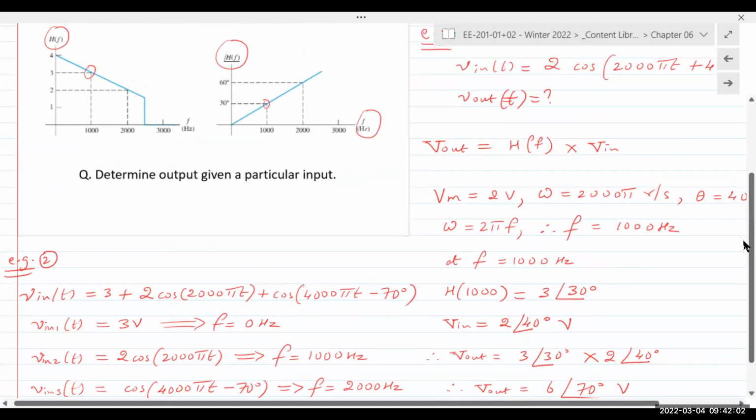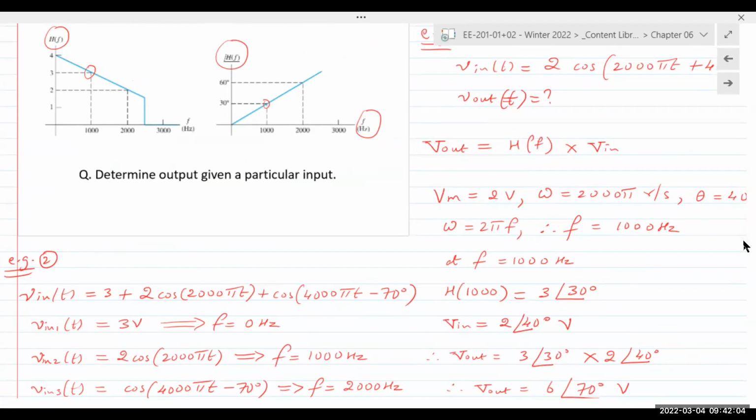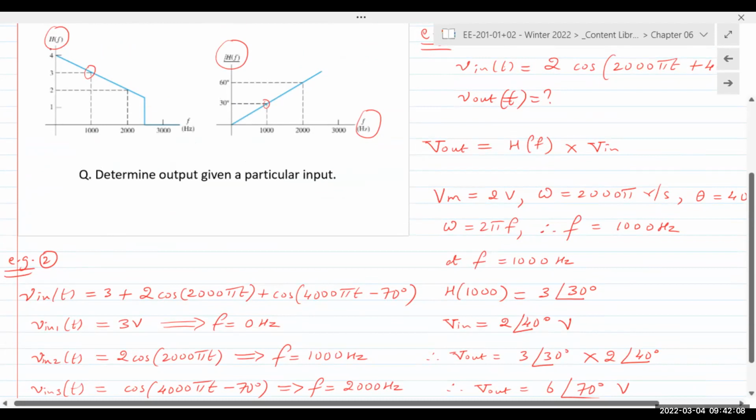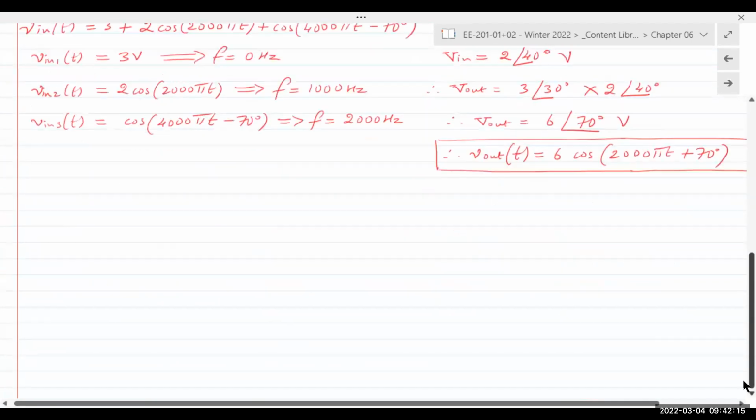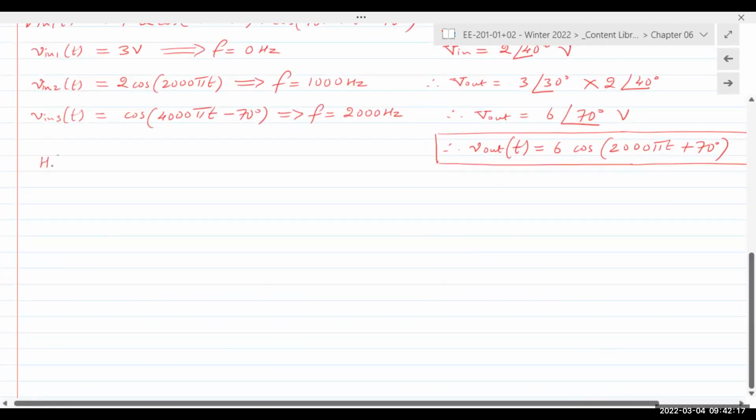Then we go up to our chart and we find H of 0. H of 0 is 4 with an angle of 0, so I'm just going to write 4.